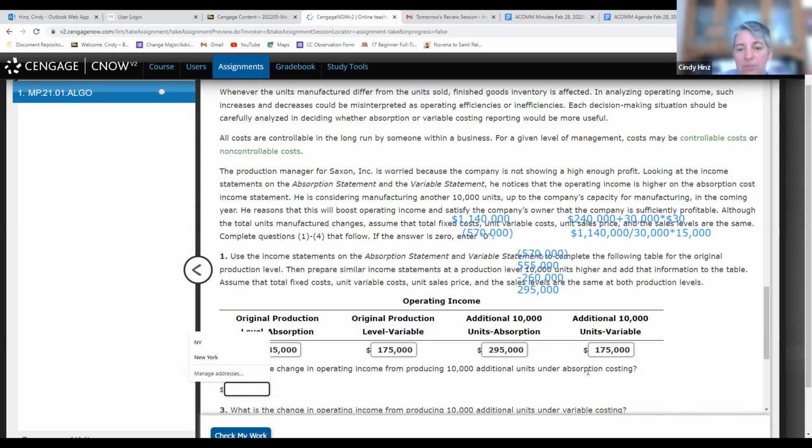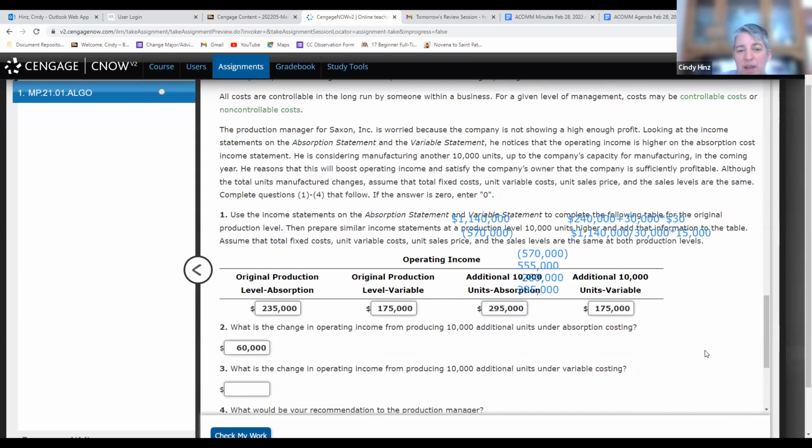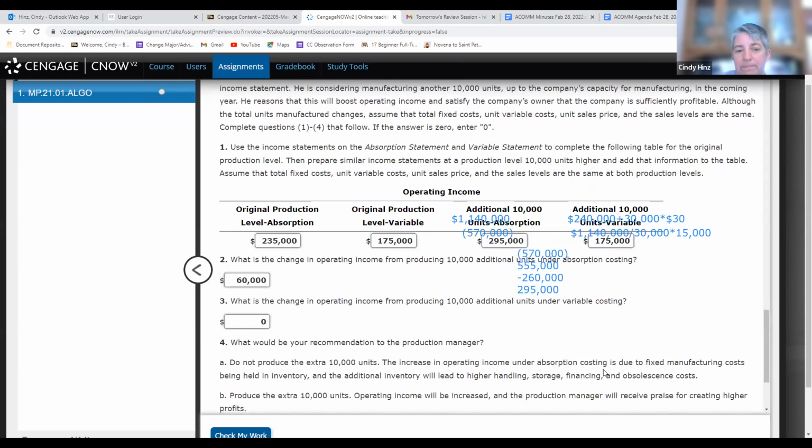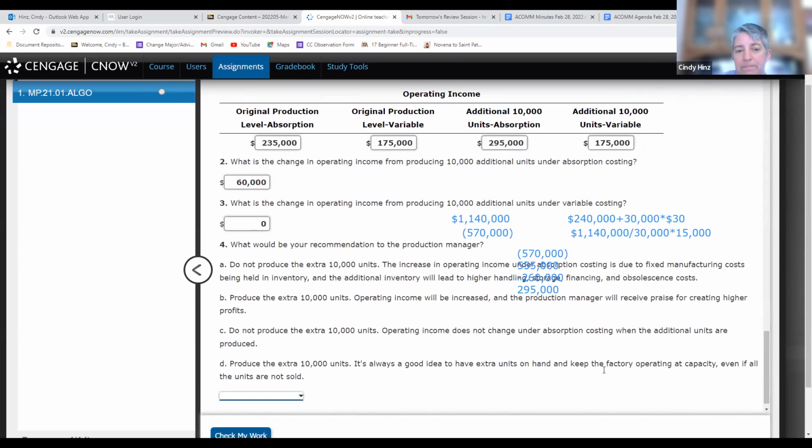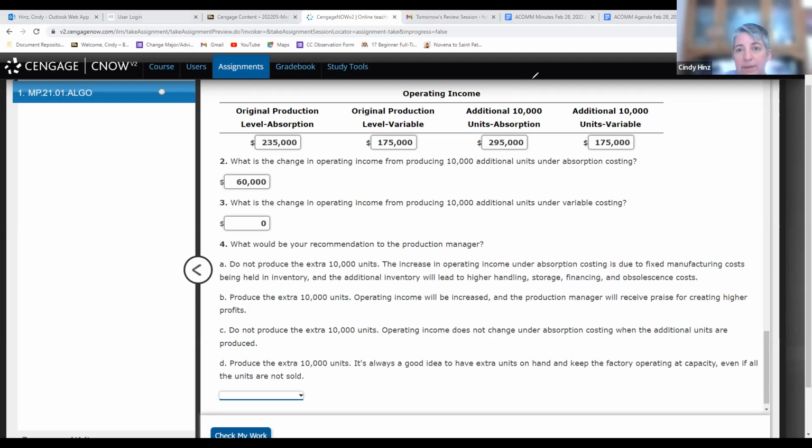The change in operating income from producing those additional units is $60,000. Under variable costing, 0. Hopefully we're good with that.